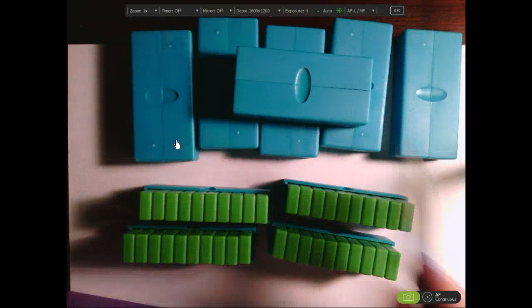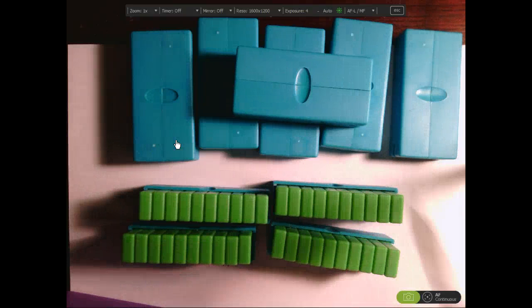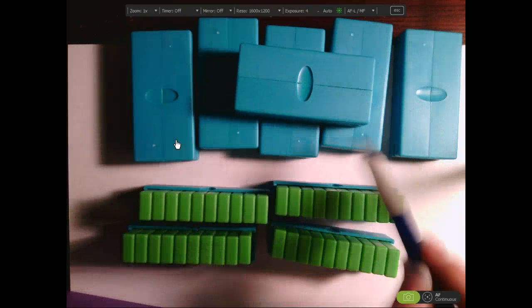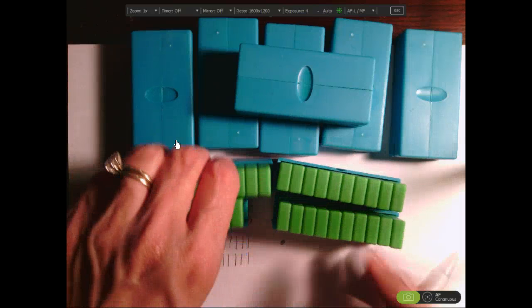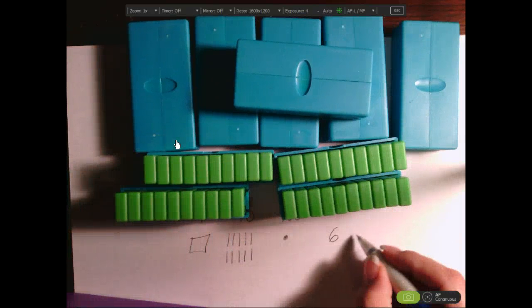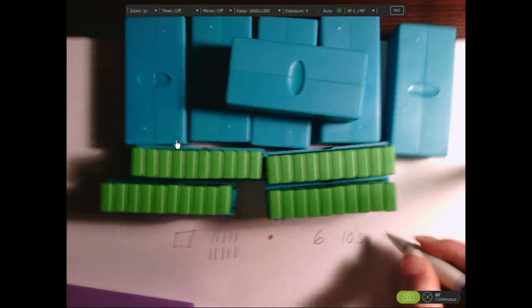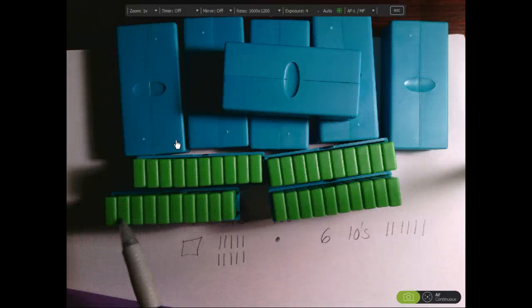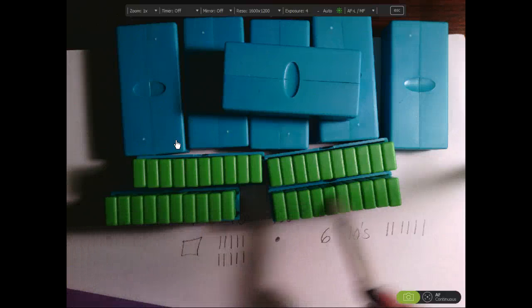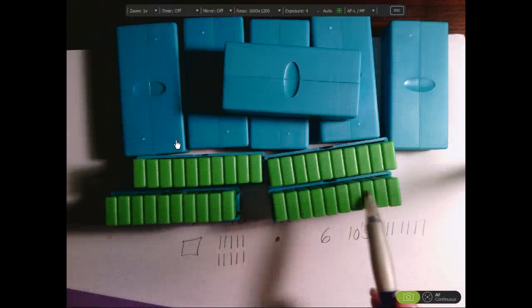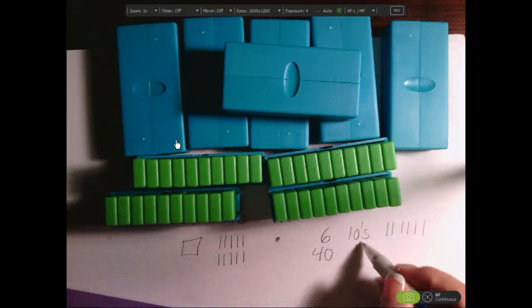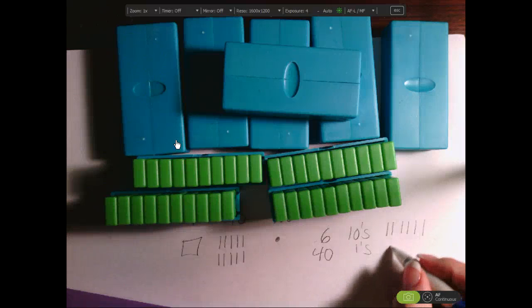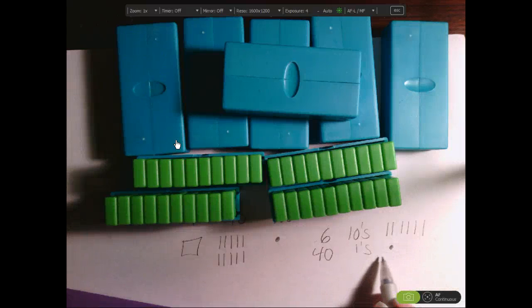So one way to show 100 would be that we have 1, 2, 3, 4, 5, 6 tens. Let's try this. So we could have 6 tens, 10, 20, 30, 40, 50, 60, and then 1, 2, 3, 4, we could count all of those, or 10, 20, 30, 40 ones to get 40. So we would have 60 plus 40, which is also a way to make 100.